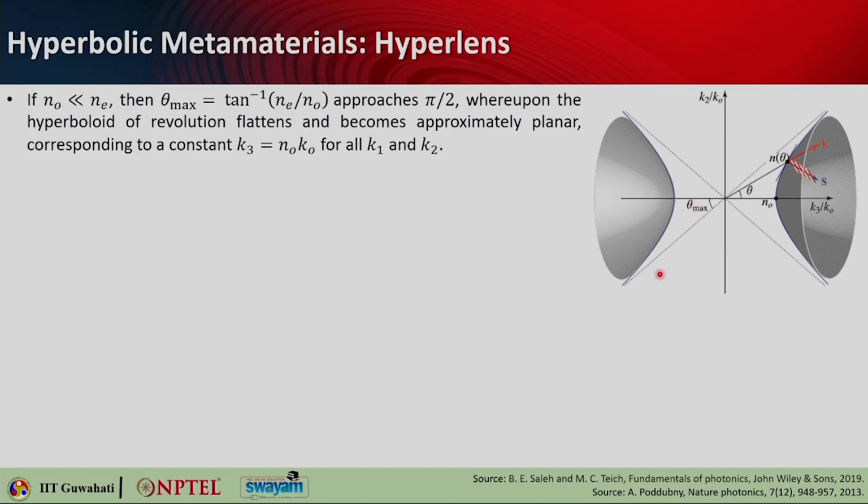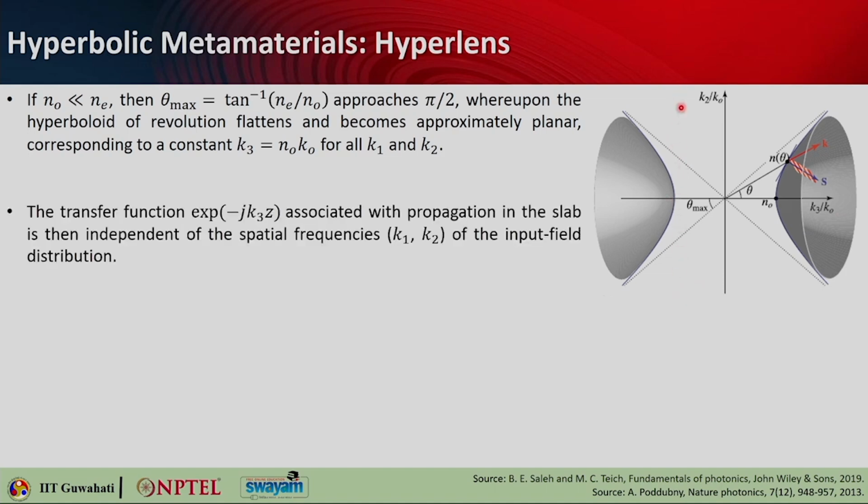So when it becomes planar, it will have a constant k3 for all the values of k1 and k2, and the transfer function e to the power minus j k3 z, which is associated with the propagation in the slab, will then be independent of the spatial frequencies k1 and k2 of the input field distribution.